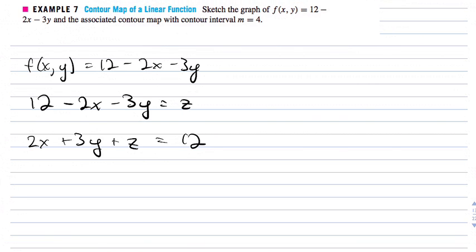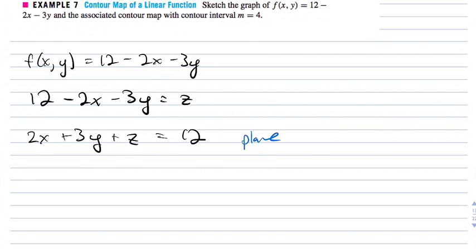So let's just say that this is a plane, and we're going to plot the intercepts. Normally when we find the x-intercept, what do we do? We set y to 0. In 3-space, we would set y and z to 0.